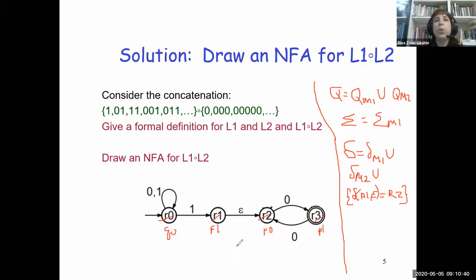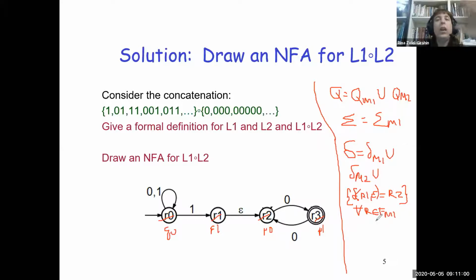If I want to give a more abstract definition, I will write here that I do it for every state r in F of M1.